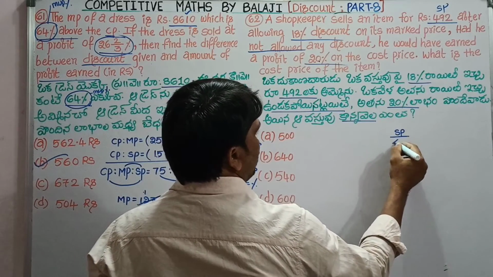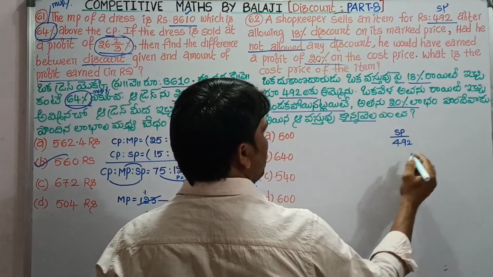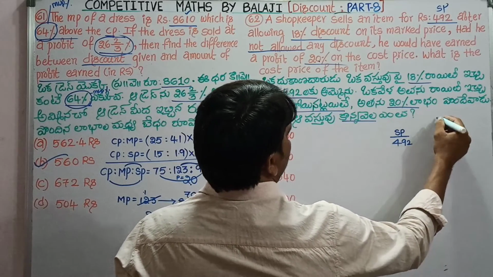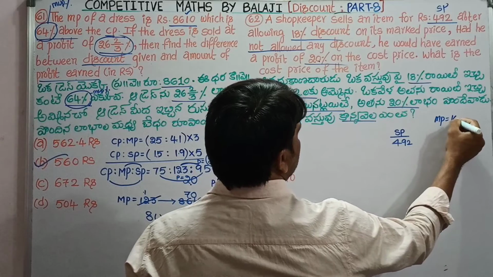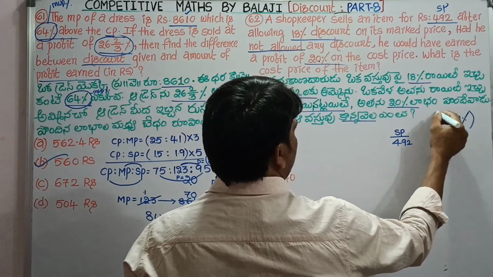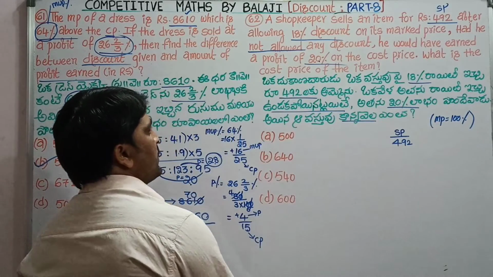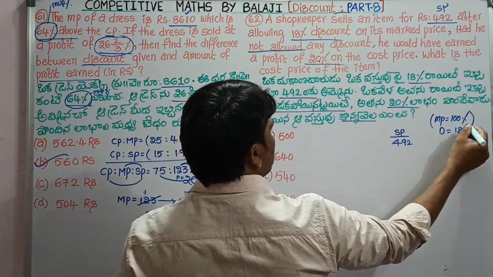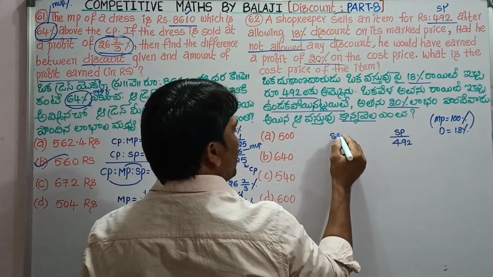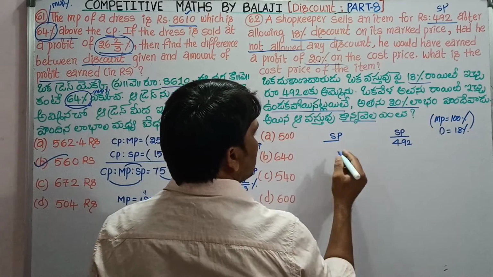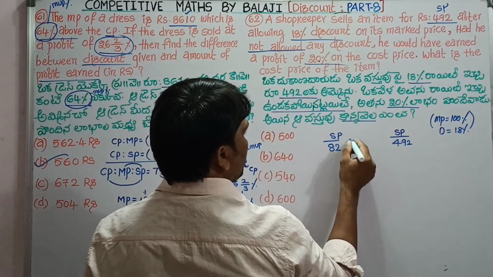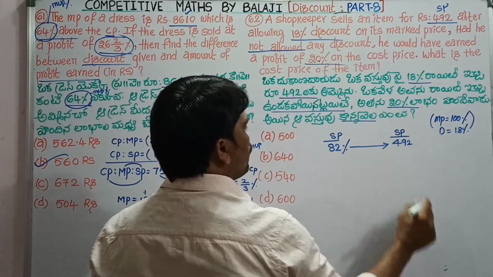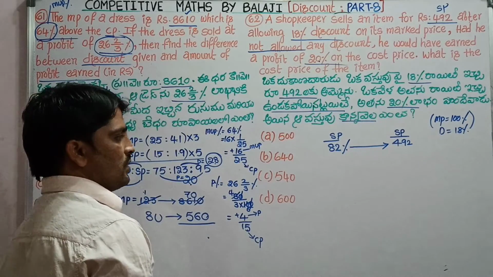Selling price is 492. Suppose the market price is 100%. Then he allows a discount of 18%. So the selling price must be 100 minus 18, that is 82%. Yes, 82% value is 492 rupees.